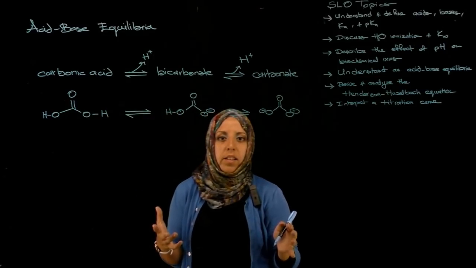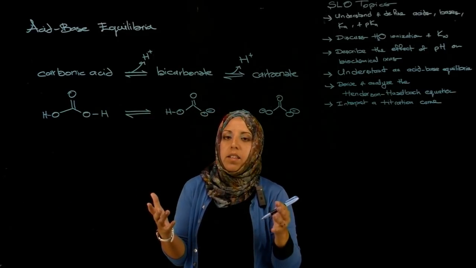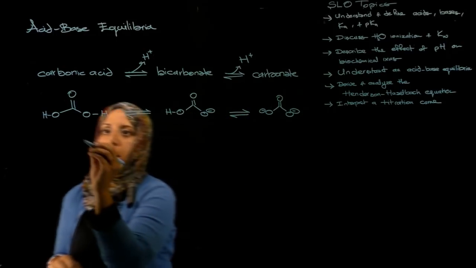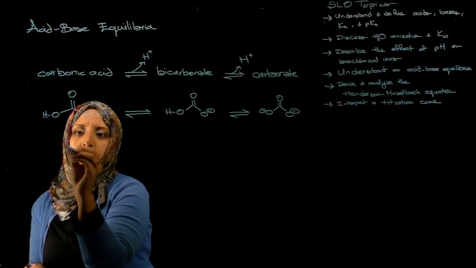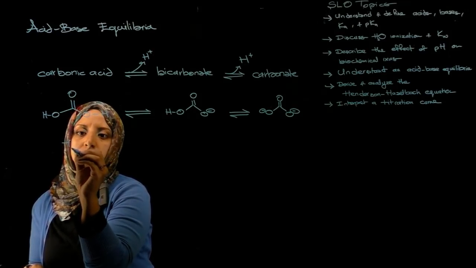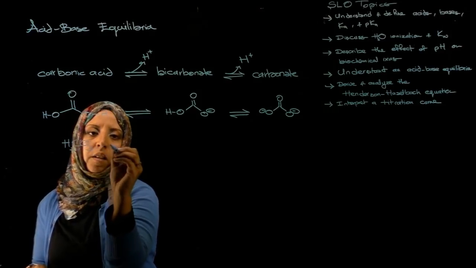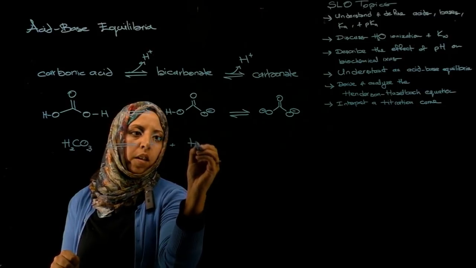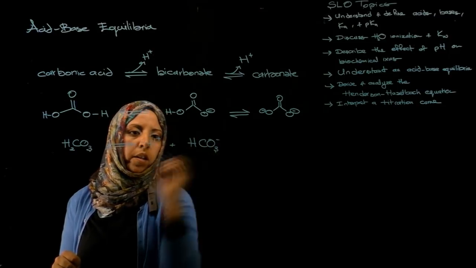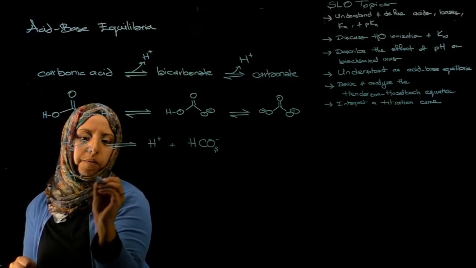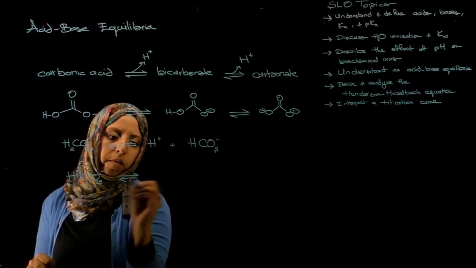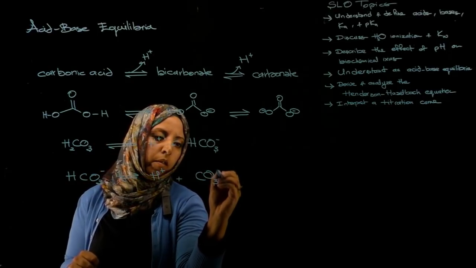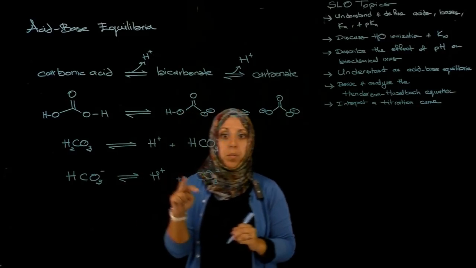So we write its acid dissociation as two separate steps, each of which has its own pKa value. All right, so those would be the two equilibria.